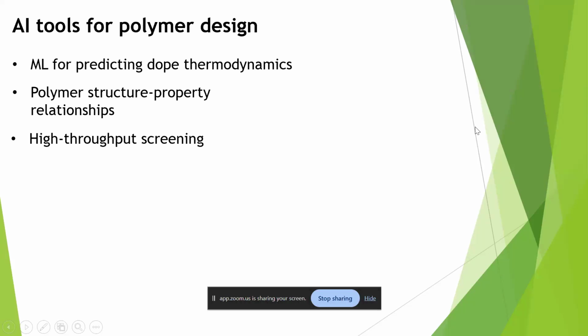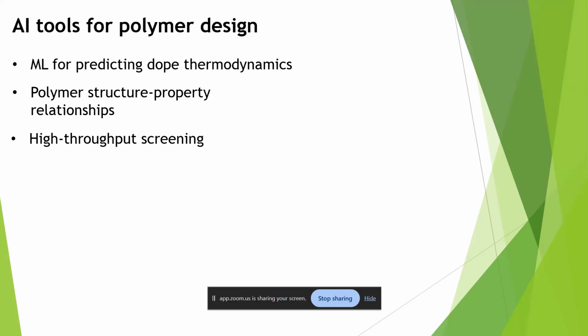And actually, I'm not really into AI for polymer design, so I'm not going to discuss this part. But this AI has been the theme of our whole FDP, which is also rooted in AI.